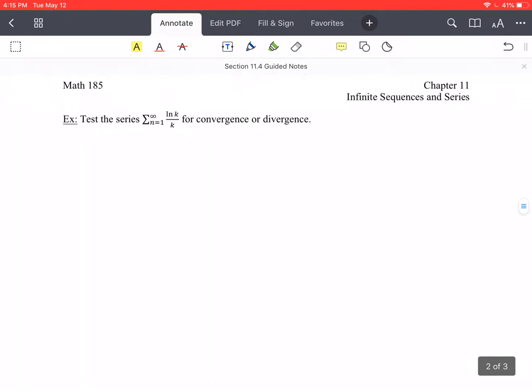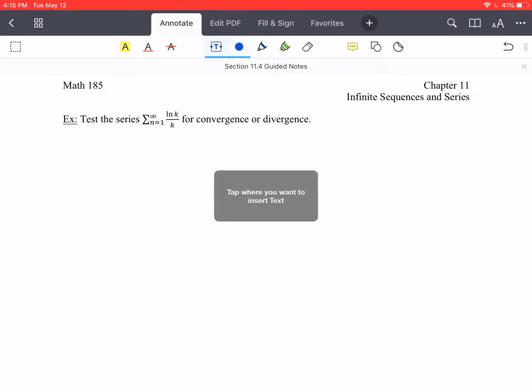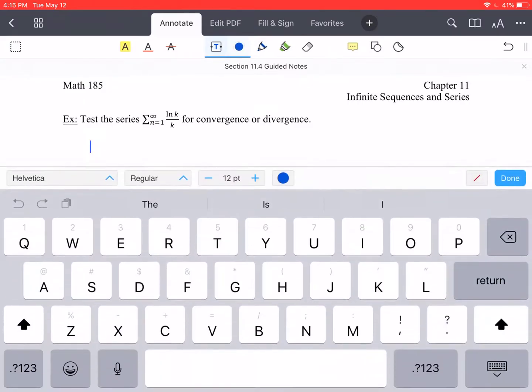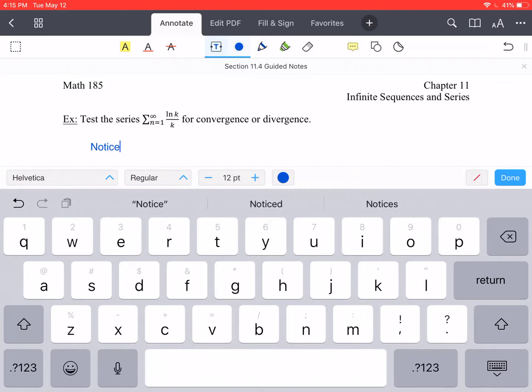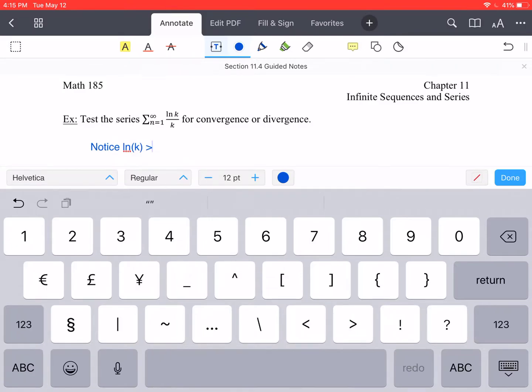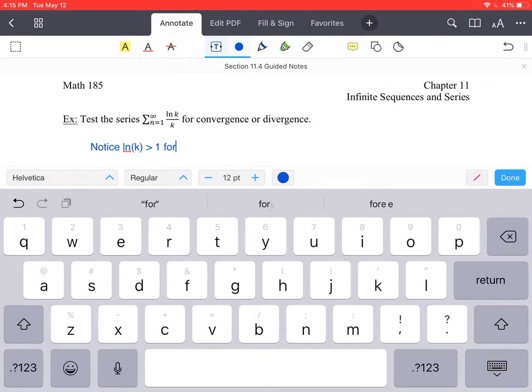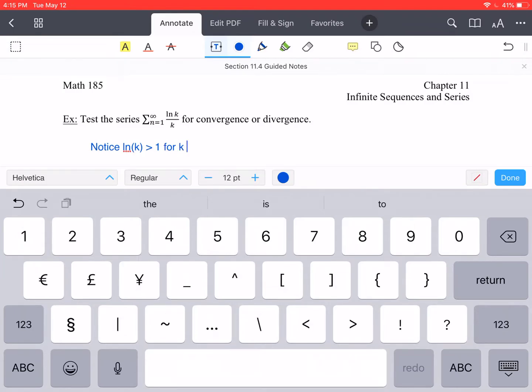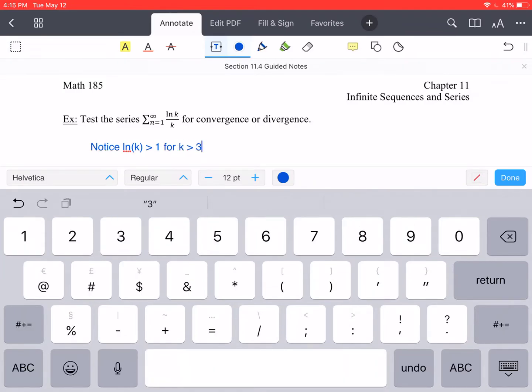Test the series of ln of k over k for convergence or divergence. So let's look at what's going on here. We've actually seen this one in the last section. So notice that ln of k is going to be greater than 1 for k being greater than 3.